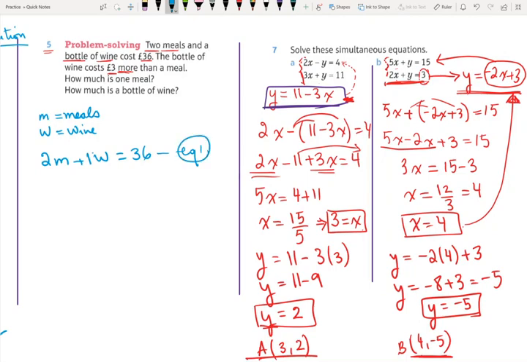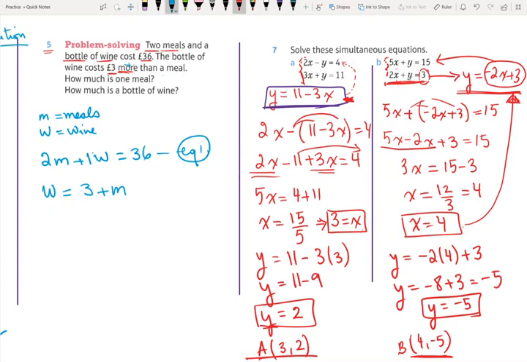Now we need to have another equation in order for us to solve for the cost of the meal and the cost of the wine, because when you have 2 unknowns, you need 2 equations to solve these unknowns. The bottle of wine costs 3 more. More means in math plus. The bottle of wine costs 3 more than the meal.